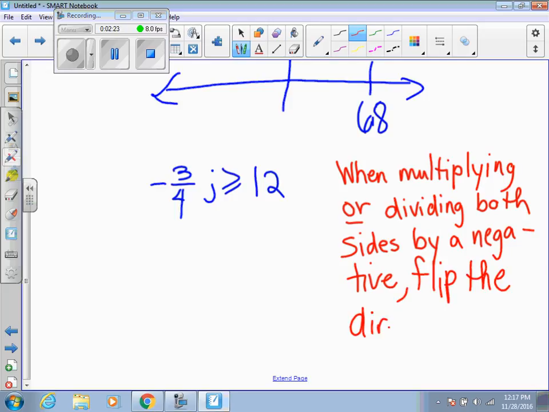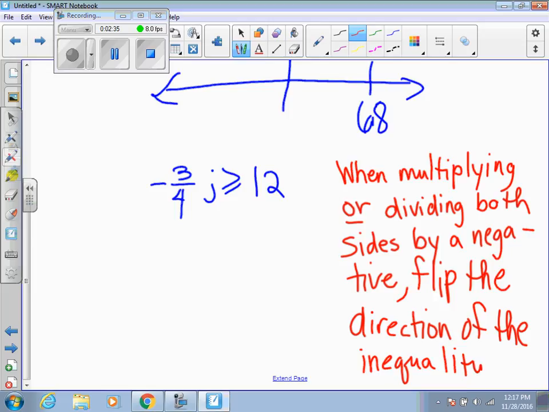So make sure that you keep that in mind every single time you're solving a problem. Flip the direction of the inequality. So for example, in solving this problem, whenever I look at a problem, the first thing I do is when I see a negative anywhere, I draw an arrow so that it reminds me to pay attention to whether I'm multiplying or dividing by a negative.